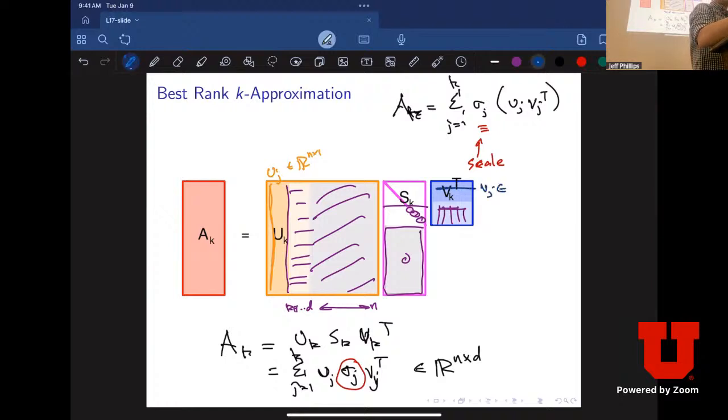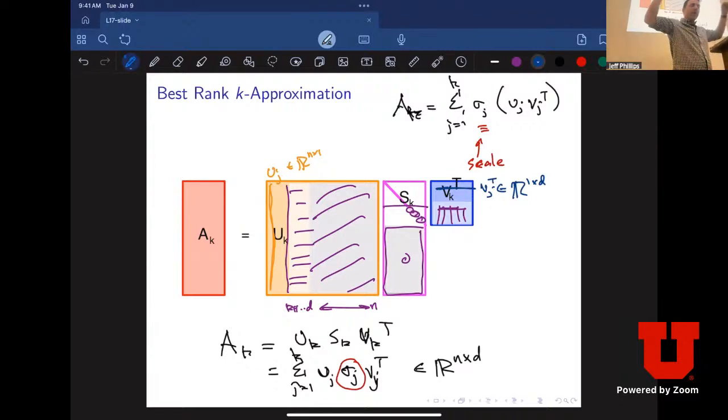What is v_j? Remember, it's a row vector now because I'm in v transpose. So I've turned my interesting things, which are columns, into rows, right? So what is the dimension of v_j? 1 by d. So v_j transpose is 1 by d.